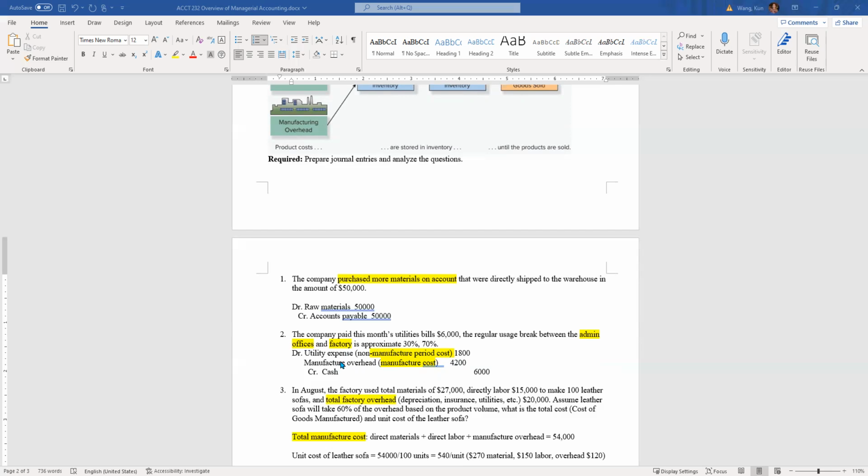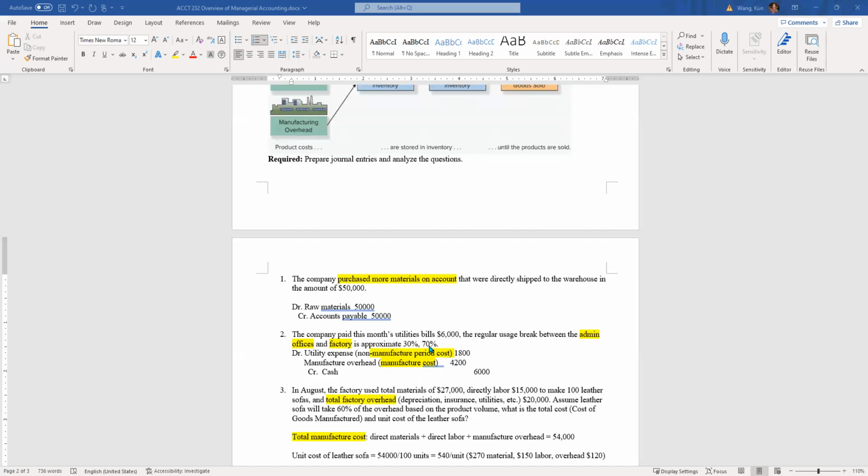So there are two debit accounts. The utility expense for the admin function will be recorded under utility expense. This one is not matching with the products, so it is a direct expense we can deduct in the income statement from the sales revenue later, so 1,800.